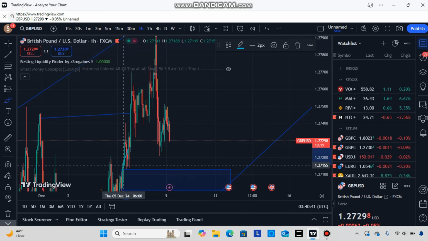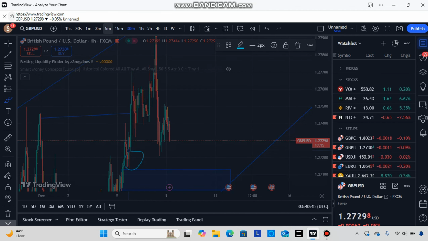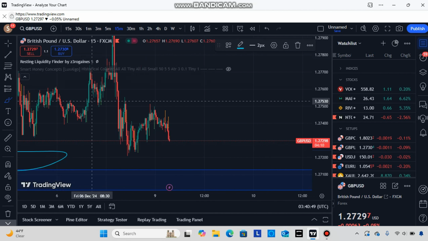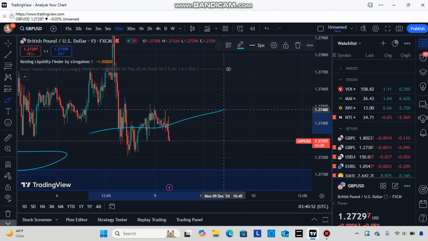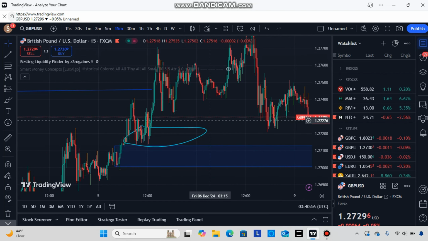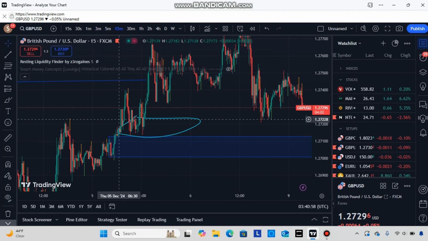What I will do now is go to the lower time frame and look at the candle. Oh shit. Peep. I try that to remember where it's at.